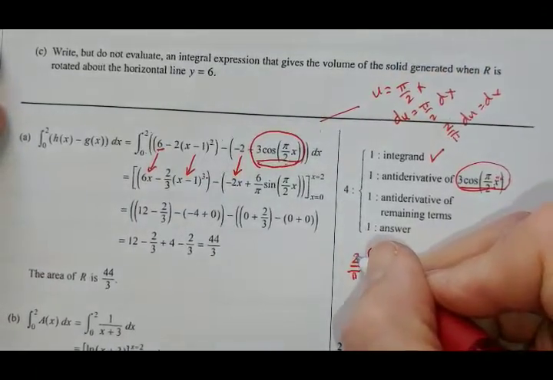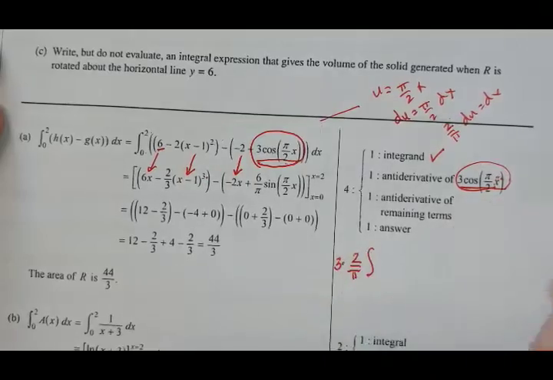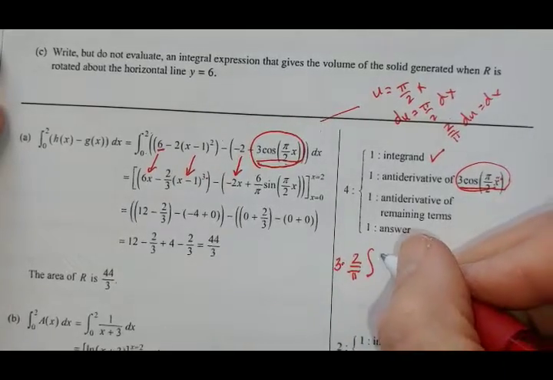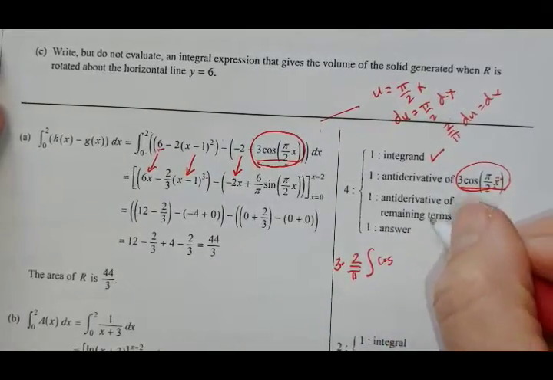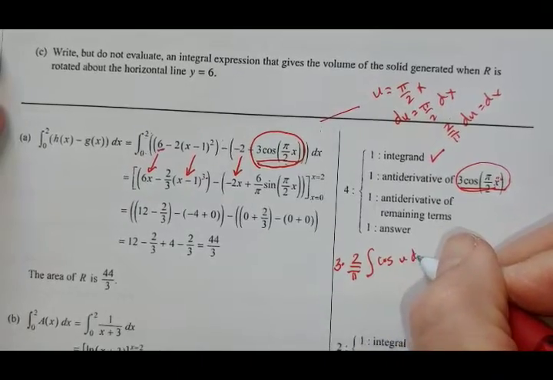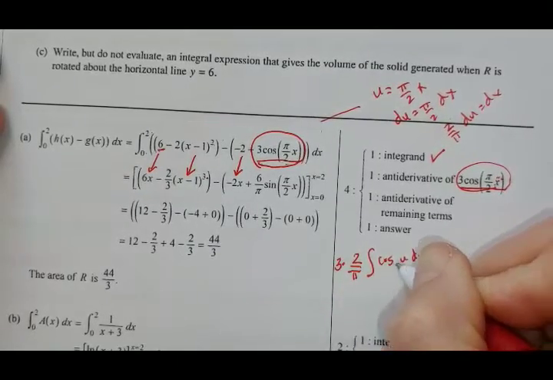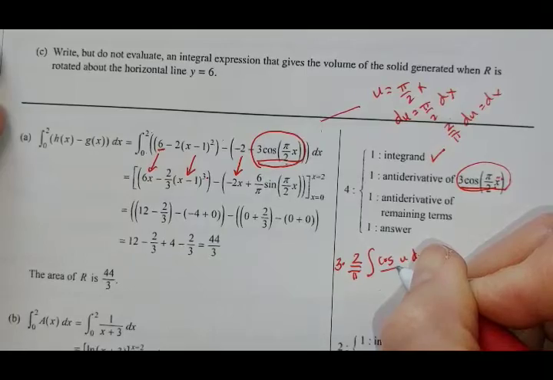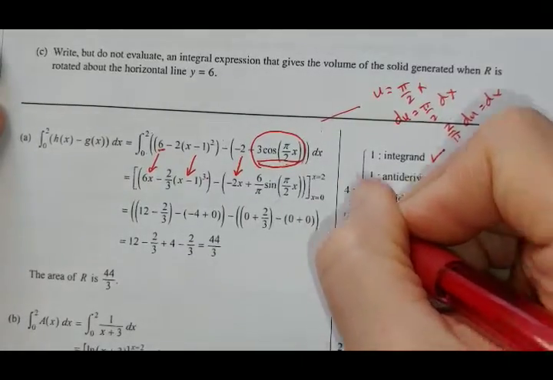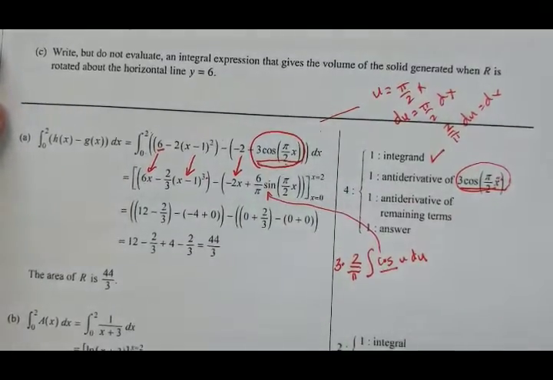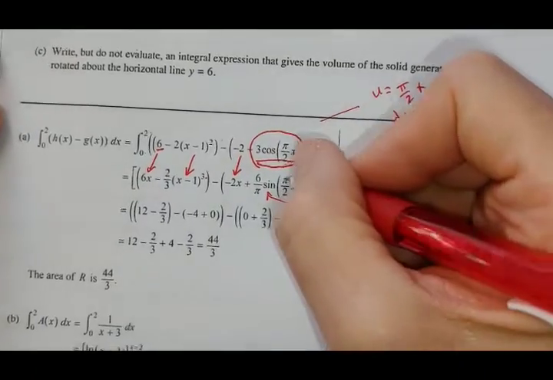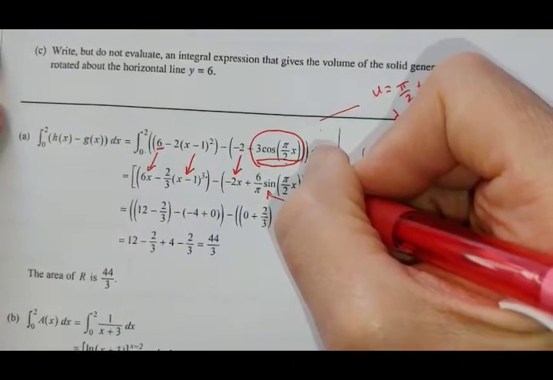There was a 3 already out there, so 3 times that cosine of u du. The antiderivative of cosine is sine. Check it. The derivative of sine is cosine, so we know that. We can put the pi over 2x back in.